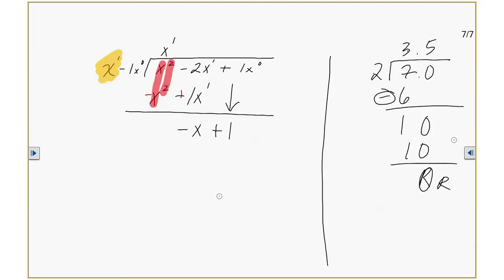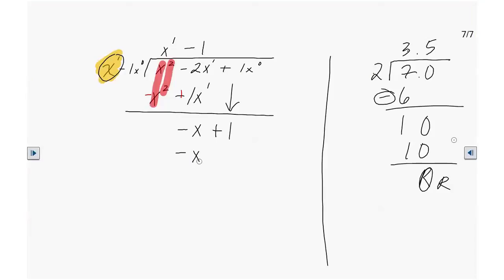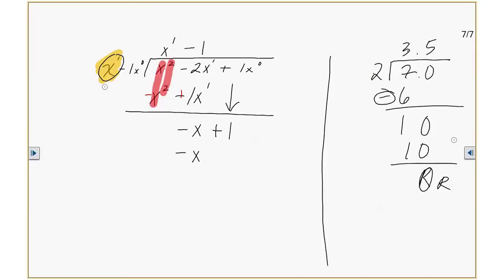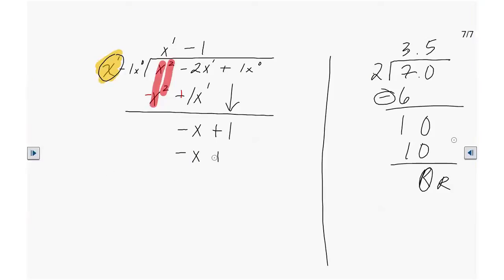Now, how many times will x go into negative x? Negative 1 time. Negative 1 times x is negative 1x. Negative 1 times negative 1 is what? Positive 1.